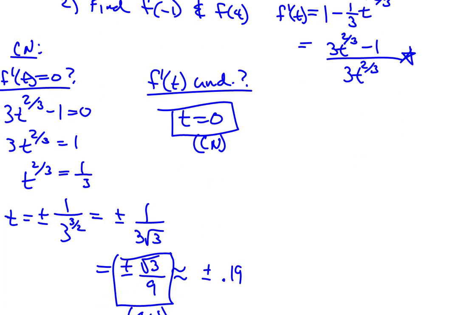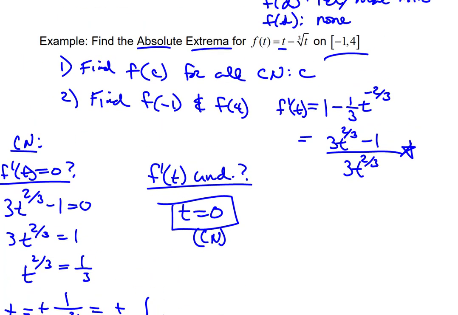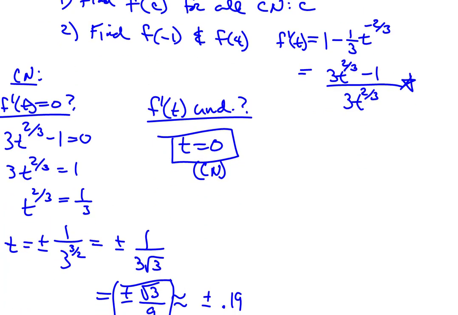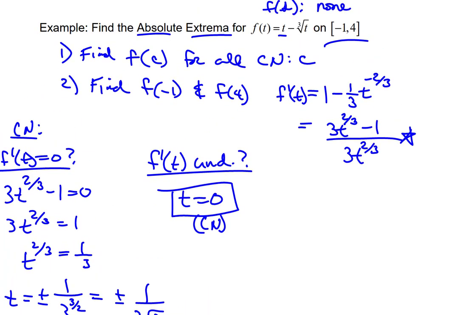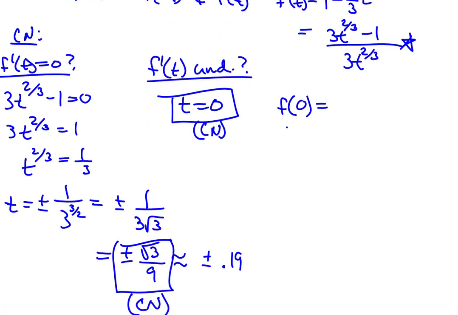All right, so we have actually three critical numbers because of the plus or minus for the first option we got. So we found the critical numbers. That's really step one. We want to find f of c, though, for all of them. We need to evaluate the function at those values. So let's at least write that out a little bit. We have f of 0, for this critical number we just found.